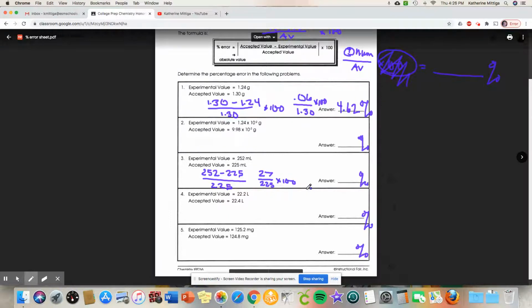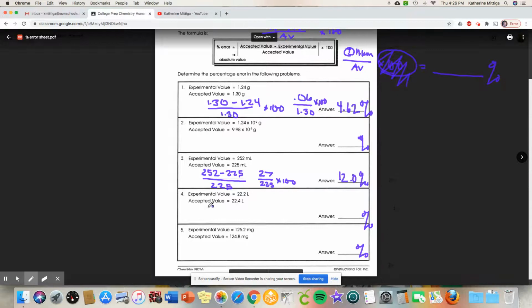Do my subtraction, and now it says 12, but look, 3 sig figs, 3 sig figs. Let's keep it at 3 sig figs. If you are confused about significant figures, go back, look at our notes, look at the videos, do some research, ask questions. If you are clear on the procedure of finding percent error, I'm okay, but you should know how to round to sig figs.